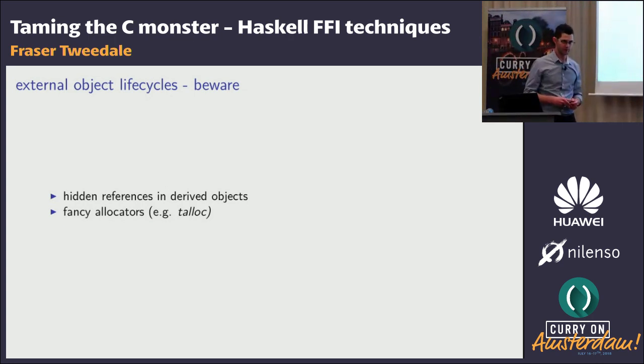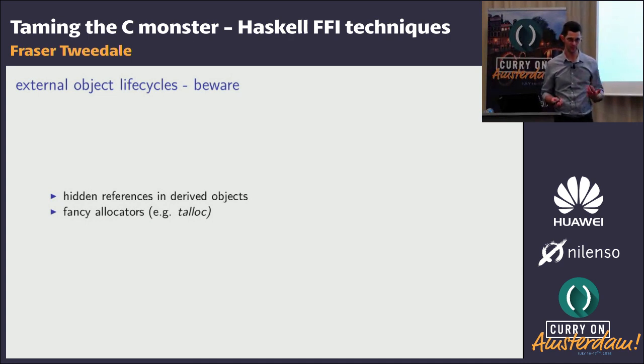And if you have a library that uses a fancy allocator, like talloc, which is a hierarchical allocator, where if a parent object is freed, it will actually free any of the child pointers associated with it, then you'll need to do some tricks to work around this situation so that you can actually take advantage of Haskell's garbage collector in managing these foreign objects.